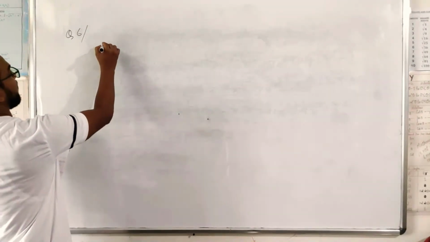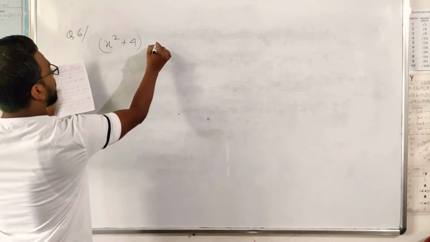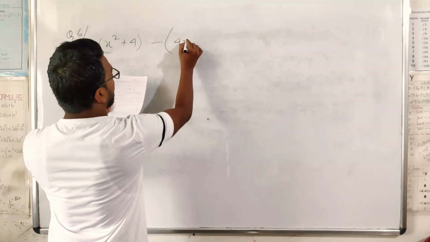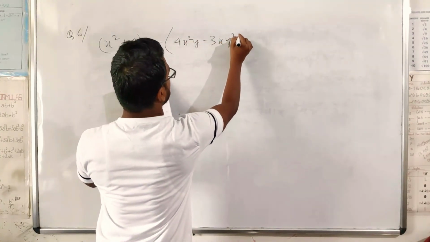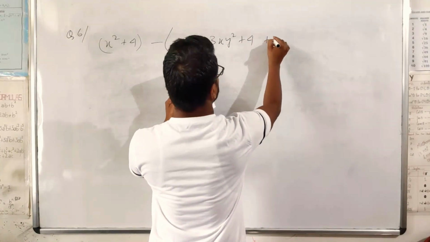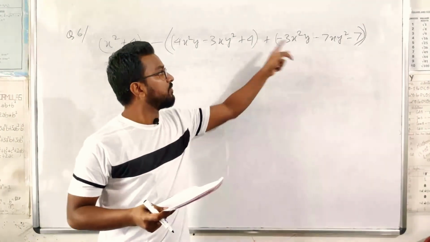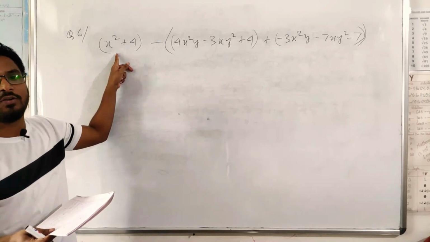We can write x square plus 4 minus the sum of the first two, that is 4x square y minus 3xy square. So you have to subtract the sum of these two expressions from x square plus 4.